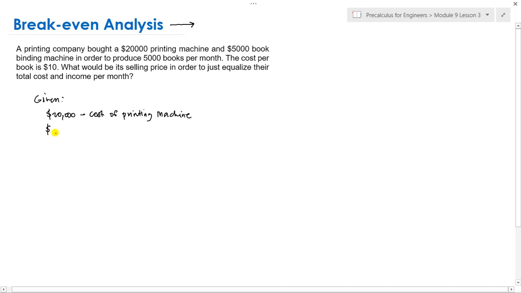Of course, if you make a book you need a book binding machine, because it binds the pages. Next, they want to produce 5,000 books per month. Therefore, that is our quantity, right? That is x, the quantity.